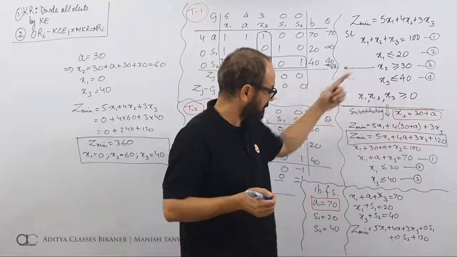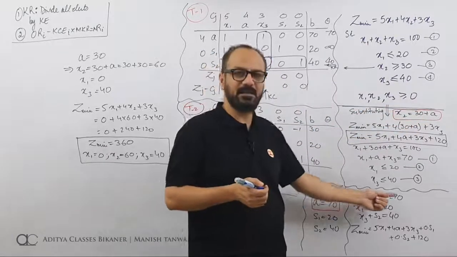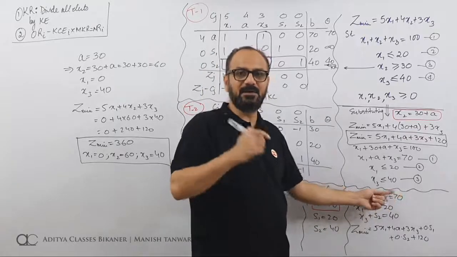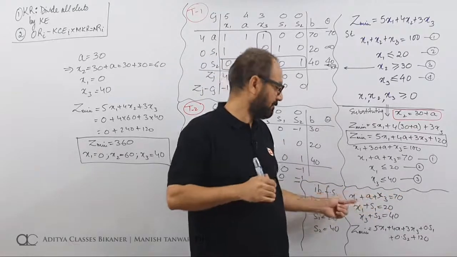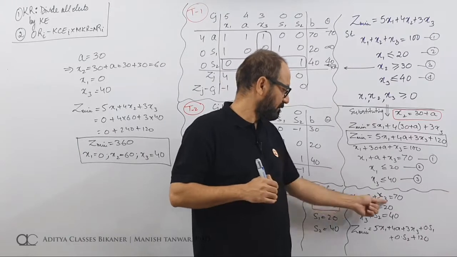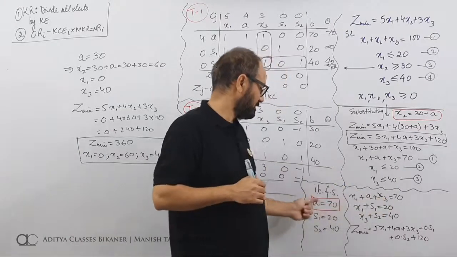This also saves us in equality, where otherwise I would have made use of an artificial variable, but this time I got away by putting just the decision variables equal to 0 and getting my IBFS as A is equal to 70.